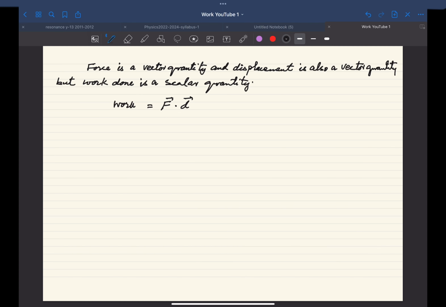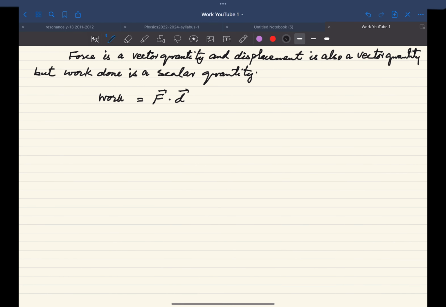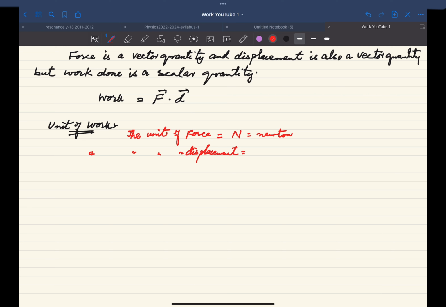The second thing which we have to consider is the unit of work. Again, it's very simple. The SI unit of force is Newton, and the unit of displacement is meter.